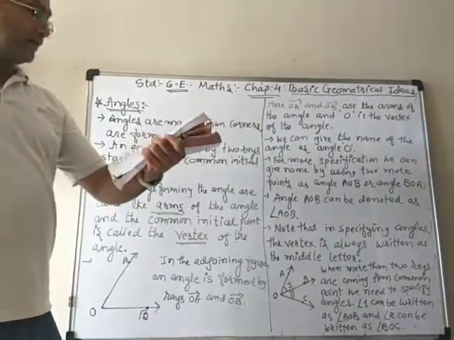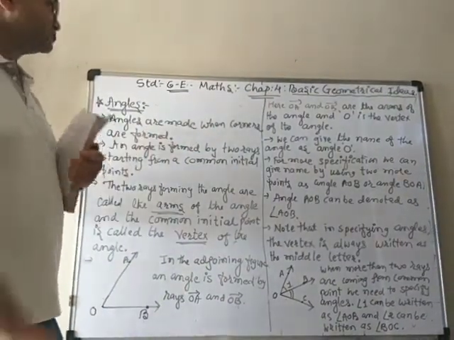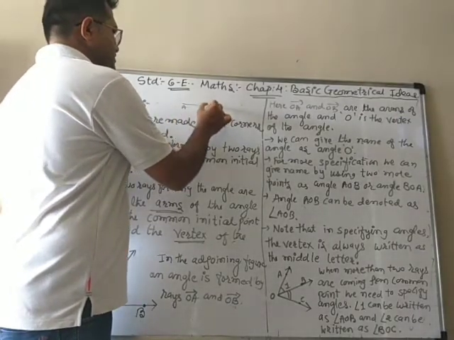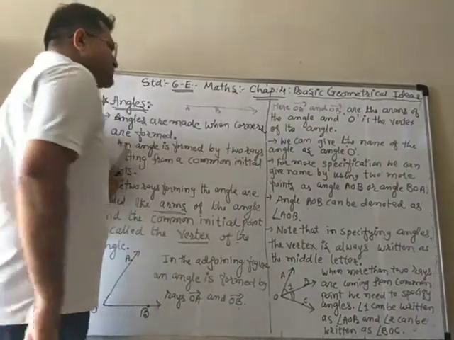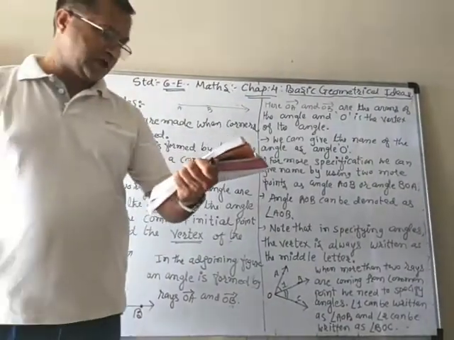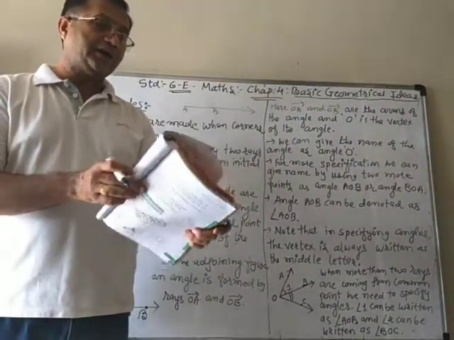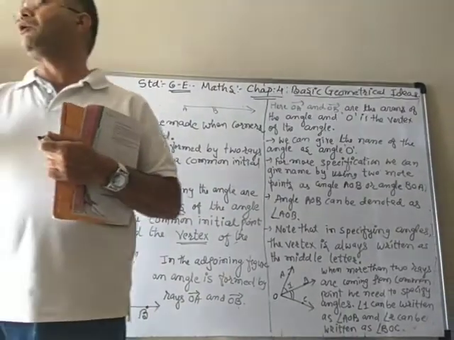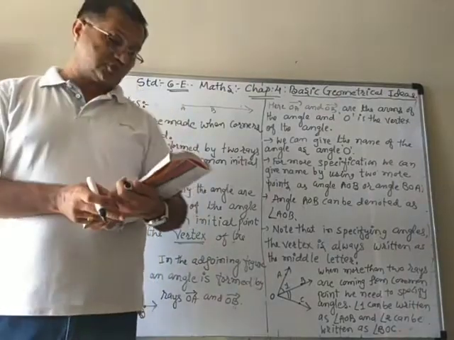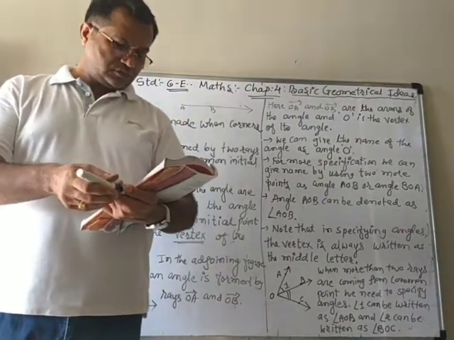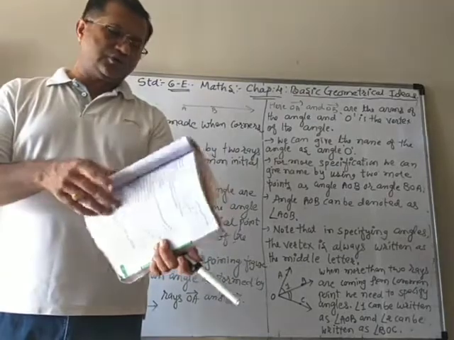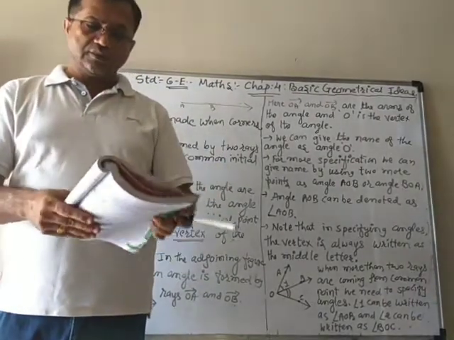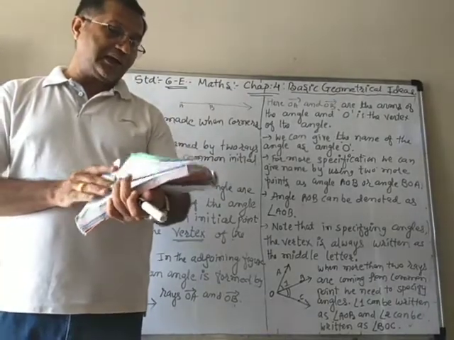Then we learned about a ray: in a line segment AB, if you extend it on only one side endlessly, that becomes a ray. Then we learned about intersecting lines and parallel lines also. Now we are going to learn new things, and that is angles.